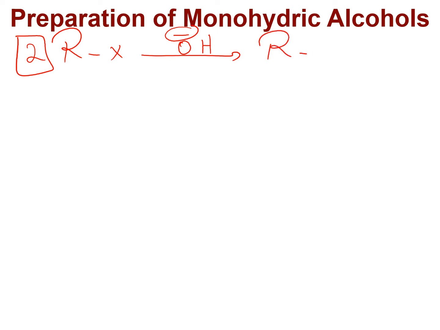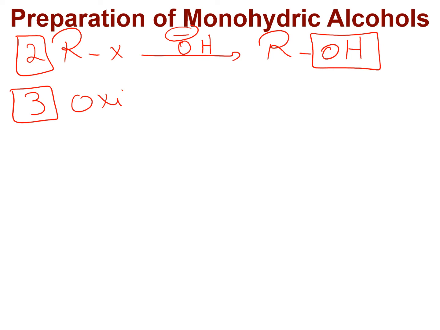When you try to prepare them from alkyl halides, you react the alkyl halides with a strong nucleophile, which is the hydroxyl group, substituting the halogen and introducing an OH in its place. The third method is the reduction of higher oxidation compounds.